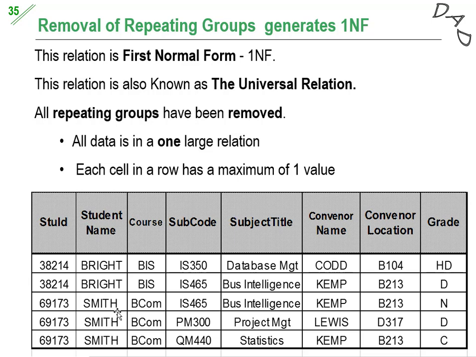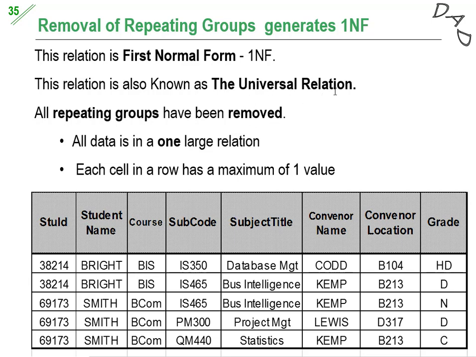In order to achieve the second normal form, as a first step we need to find out what the primary key of this particular table is. We call that primary key the universal key, or universal relation key.